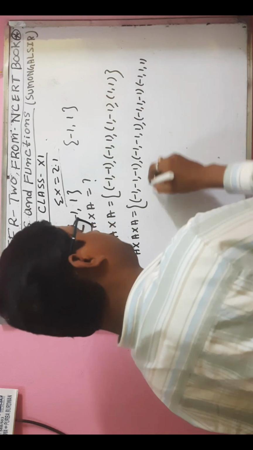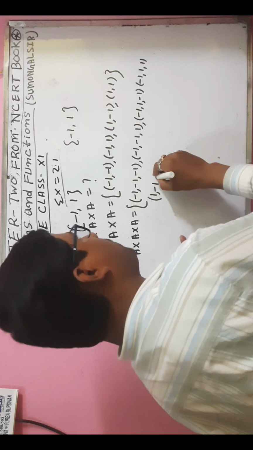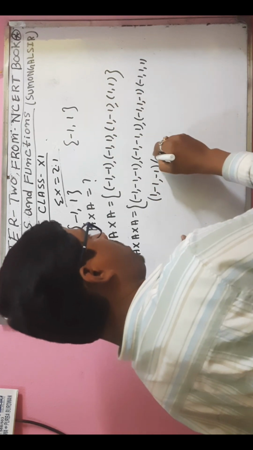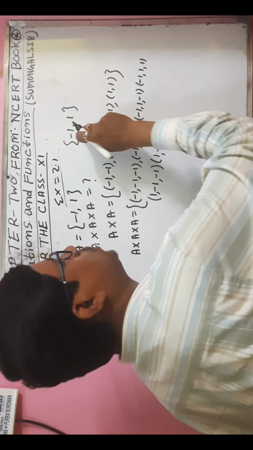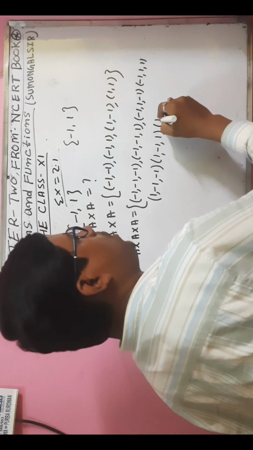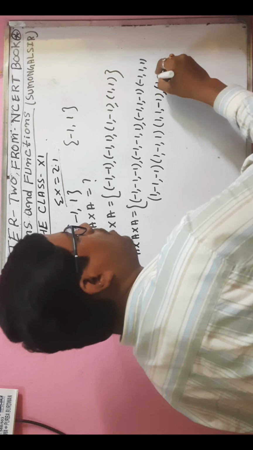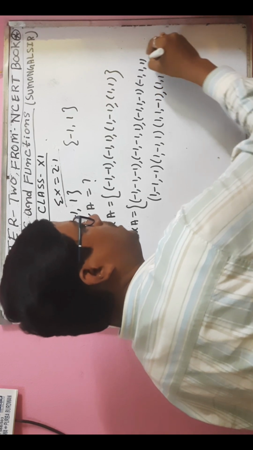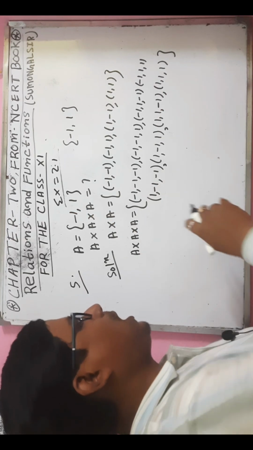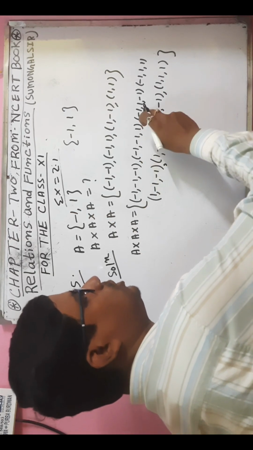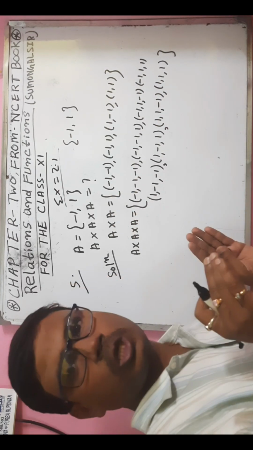Now we move to this one. And now (1, -1, -1) and (1, -1, 1). This completes these two. Now we move to this one. (1, 1, -1) and (1, 1, 1). So this is the completion of A cross A cross A, and the elements are these eight. Okay. So this is the completion of question number 5.